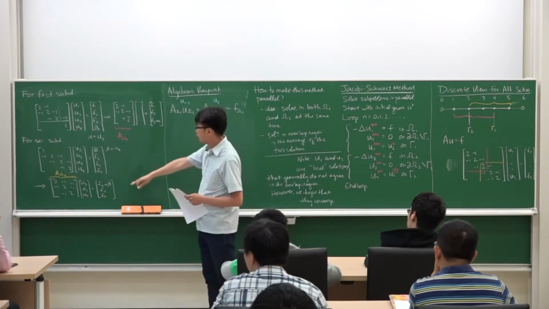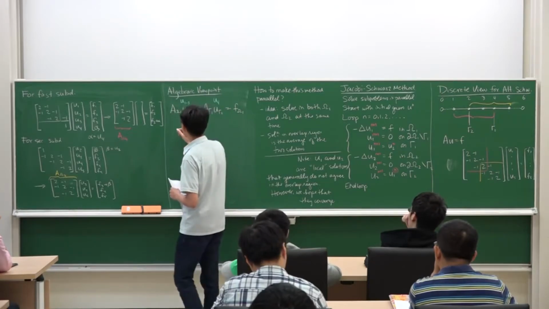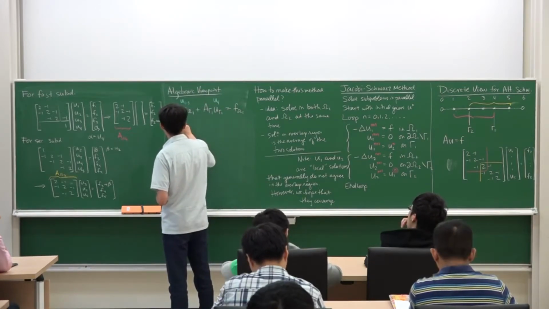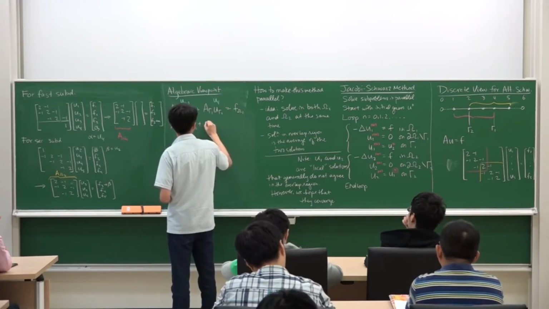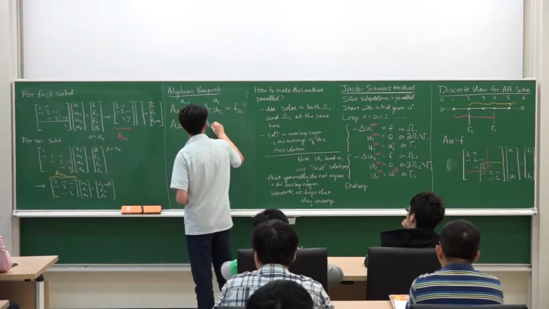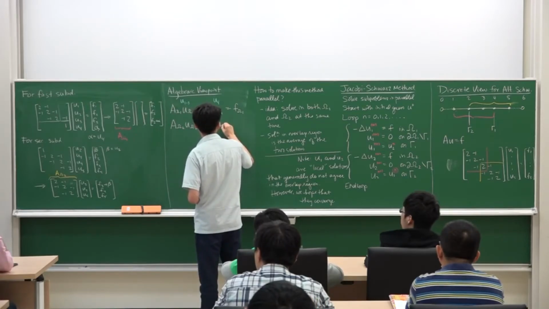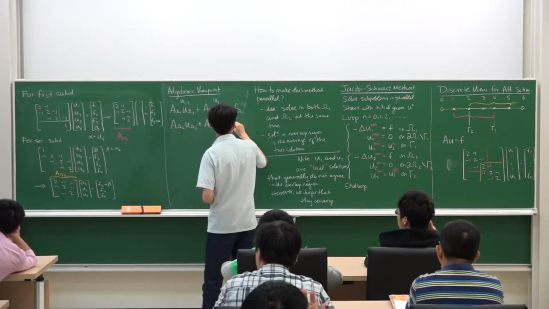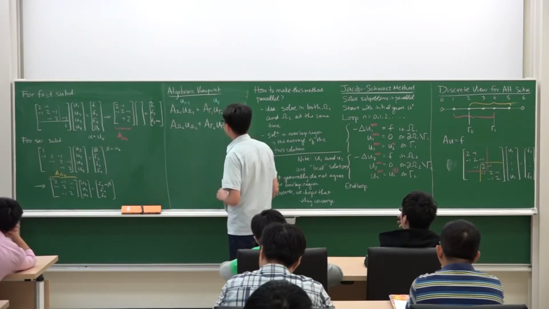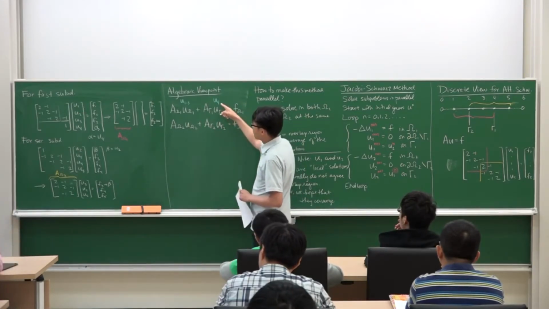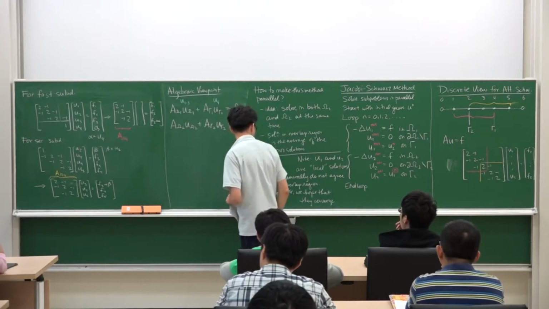And for the second equation, for the second subdomain, we have A omega 2 U omega 2 plus A gamma 2 U gamma 2 equals F omega 2. I guess I should have used red over here because that's for the first subdomain.